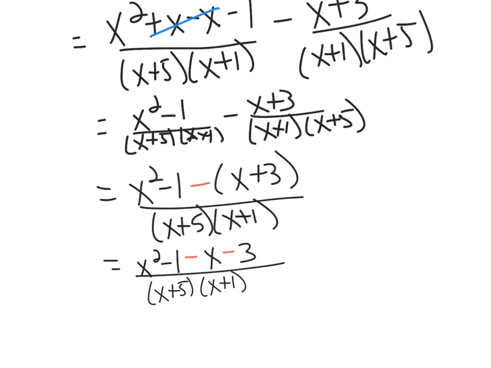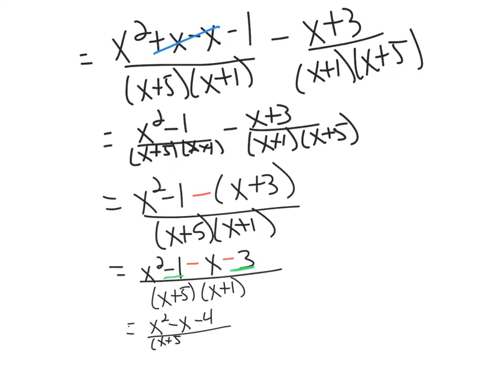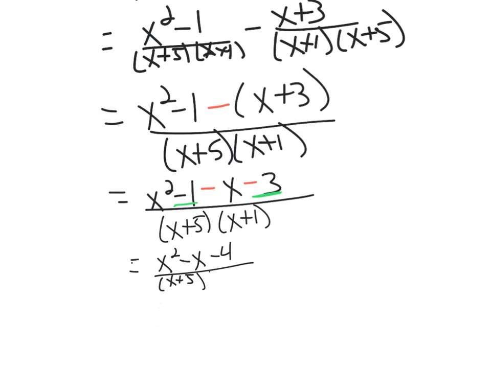So if we combine like terms, I have here a negative 1 and a negative 3. So we have x squared minus x, negative 1 minus 3 is negative 4, over x plus 5 times x plus 1.